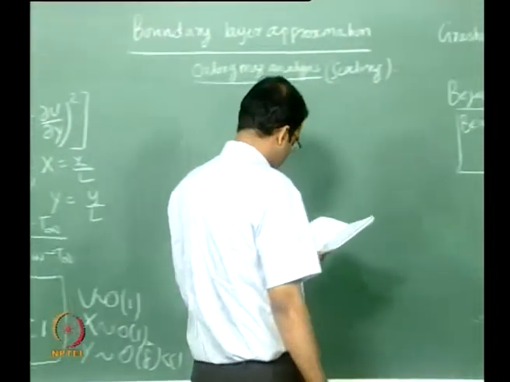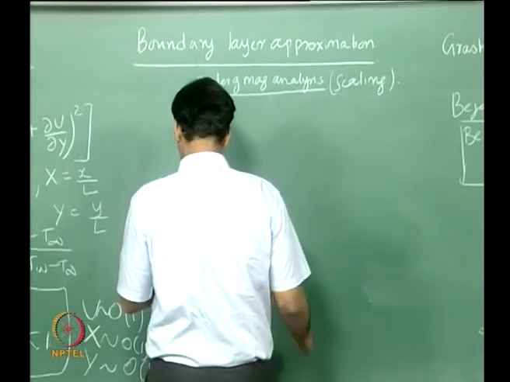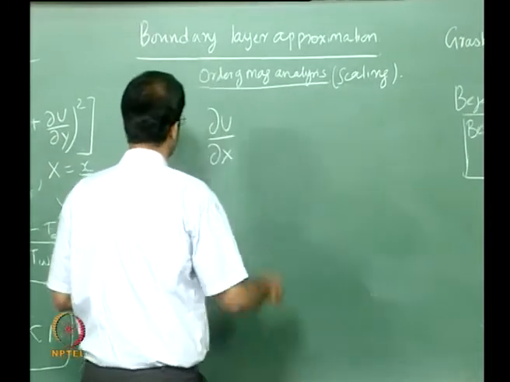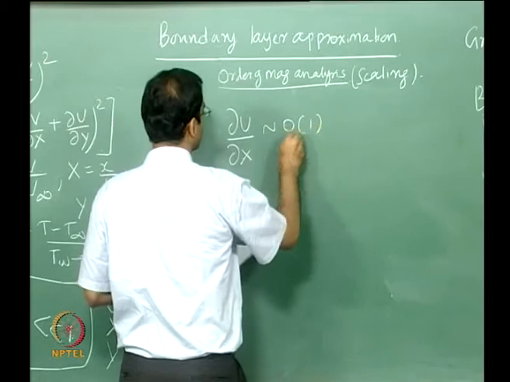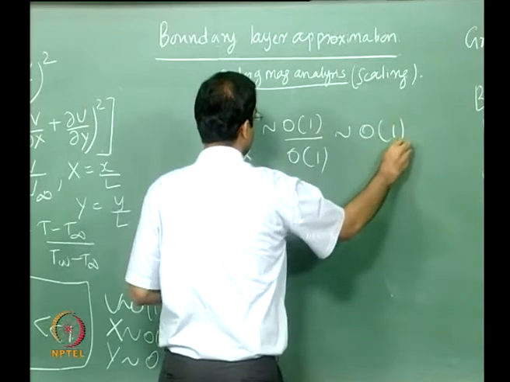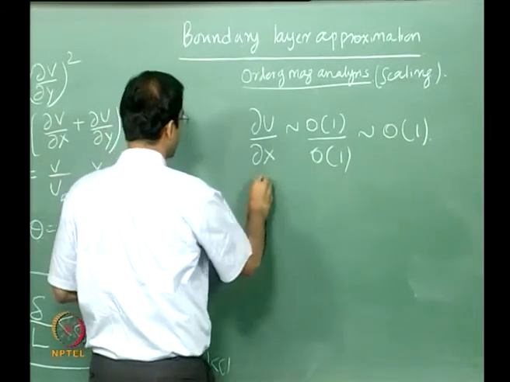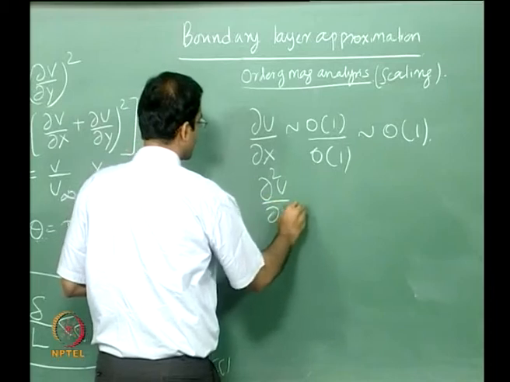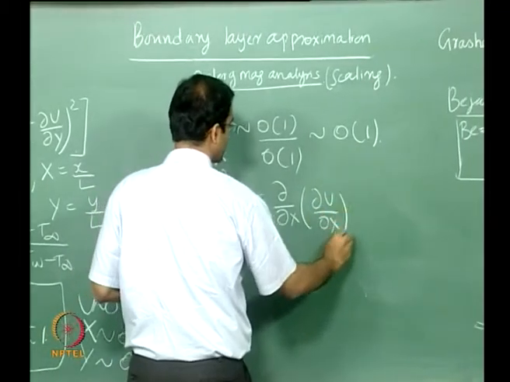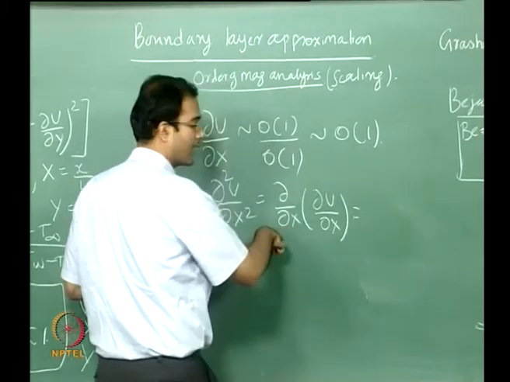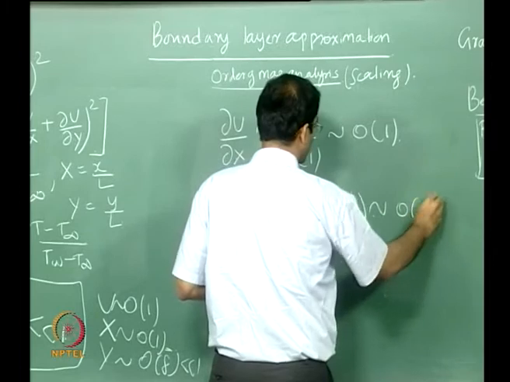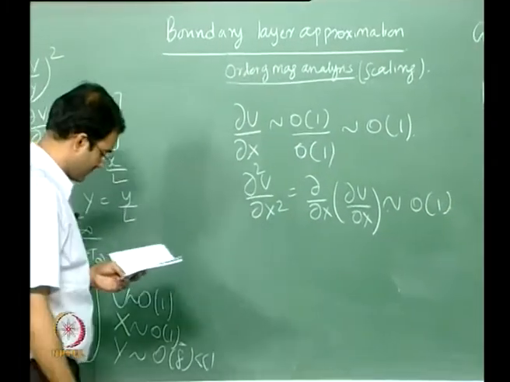Now I will start with the terms one by one. What will be the order of magnitude of du/dx? u is of order 1, x is of order 1, so this will be of order 1. How about d squared u by dx squared? That is d/dx of du/dx, so it is already of order 1 divided by 1, which should also be of order 1.